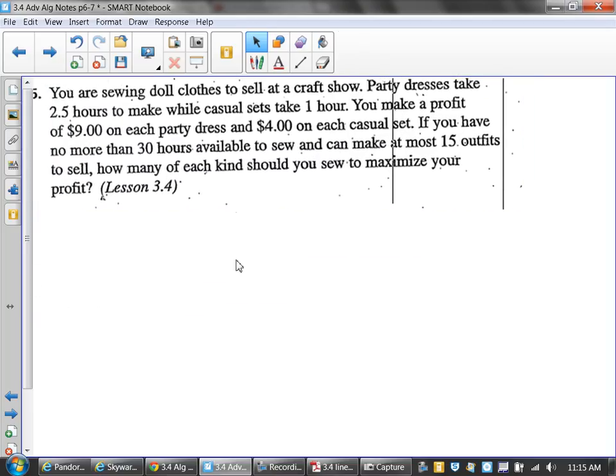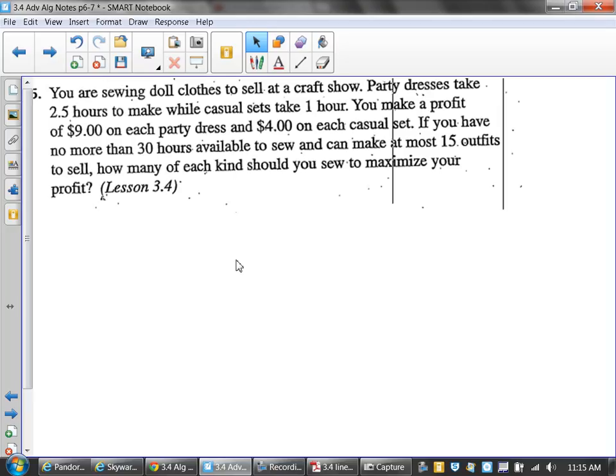You are now sewing doll clothes because it's a lucrative business apparently. It's a way to make money. You are sewing doll clothes to sell at a craft show. Party dresses take 2.5 hours to make, while casual sets only take an hour.